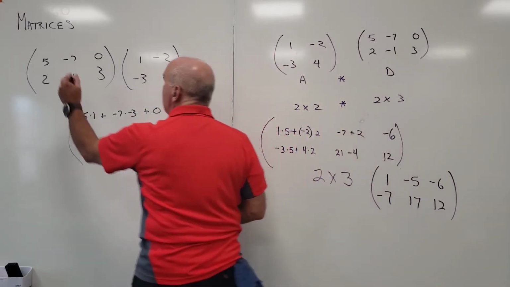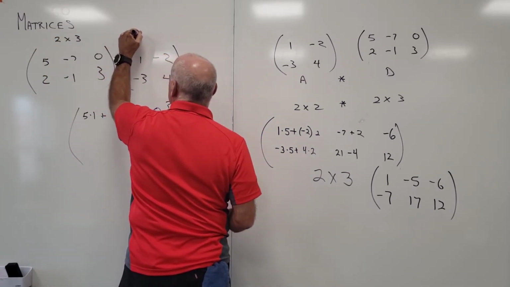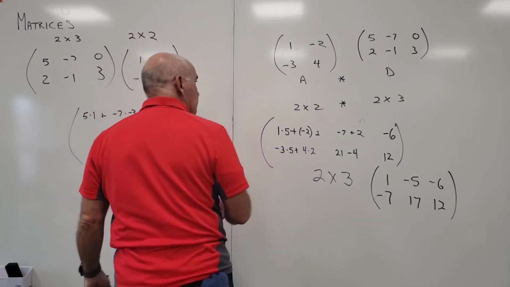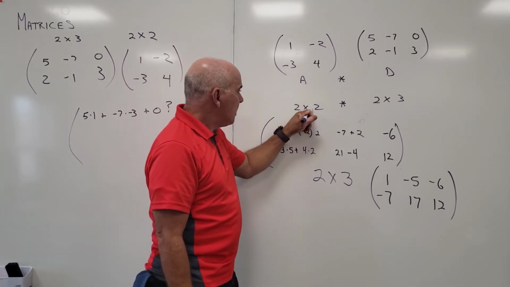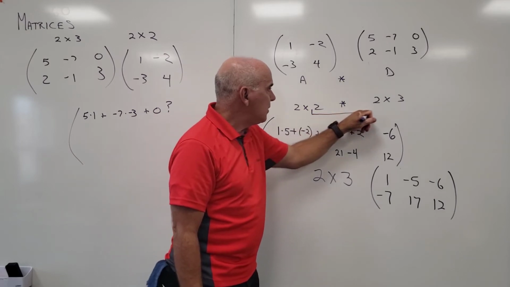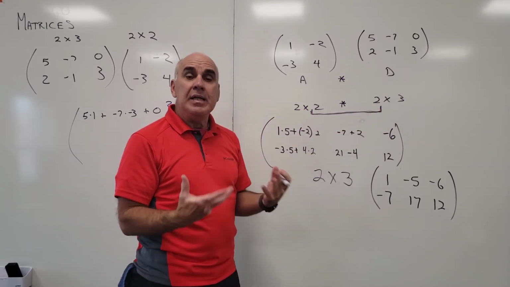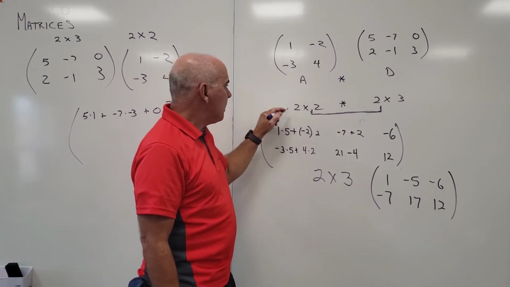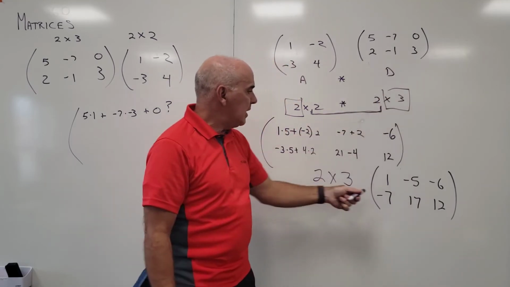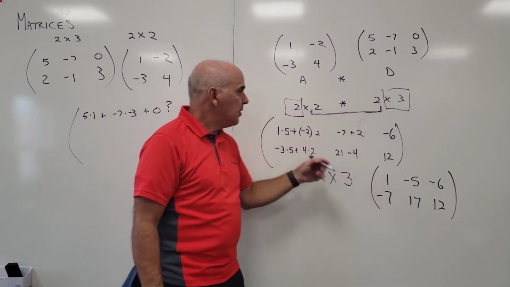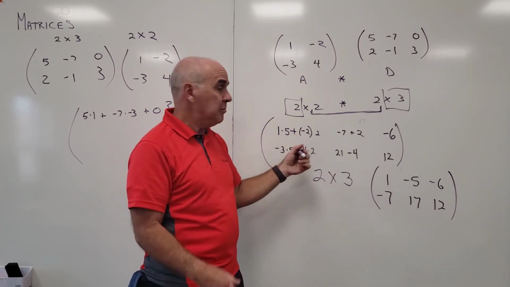So this is a 2 rows by 3 columns. This is a 2 rows by 2 columns. So what you'll notice is over here I could do it. And one thing to keep in mind here is this is 2 by 2 and then a 2 by 3. The middle number here is the same, and that's going to work. And what I'm left with then is 2 by 3. And that's what I have for my final result. So when you look at two matrices you want to multiply together, look at the row and column.